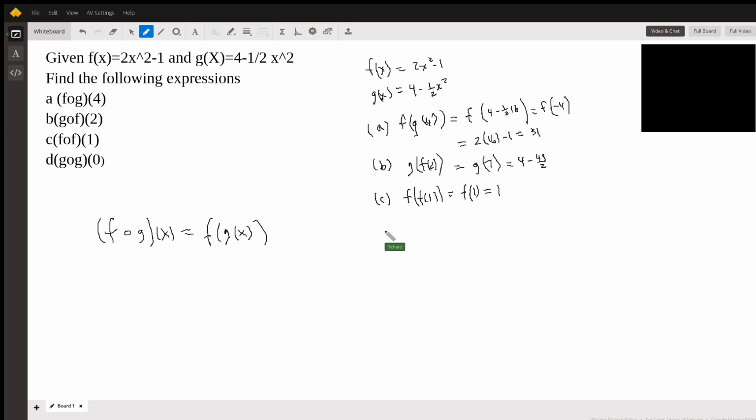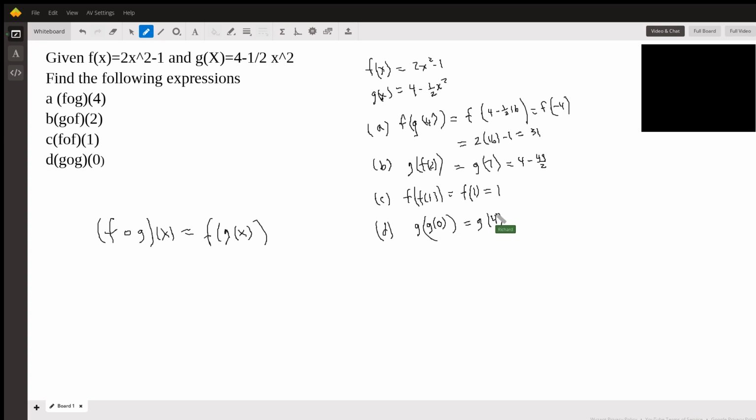And then the last one, part D, g of g of 0. So g of 0 is 4 minus 0, so that's 4. We just carried the outer g and evaluated the inner g for g of 0.